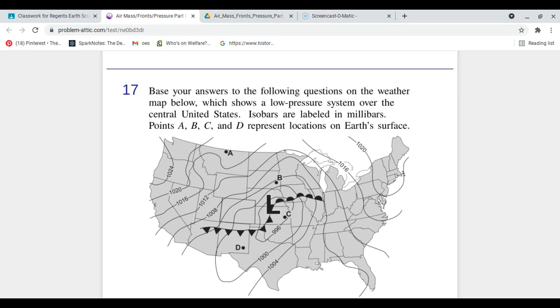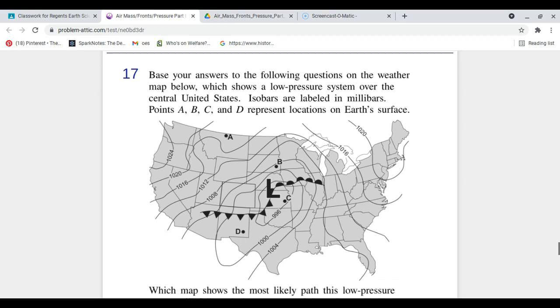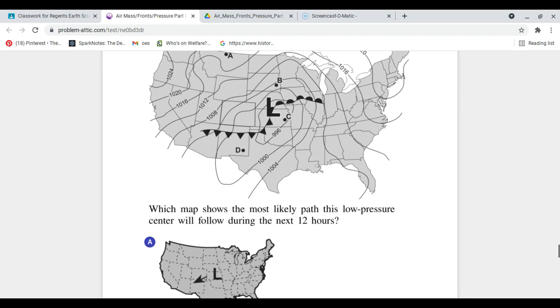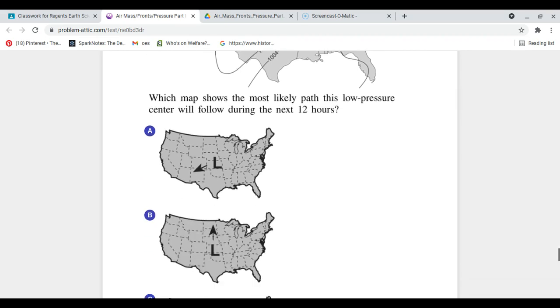Number 17, are you good, Luce? Okay, what are we doing here? Number 17, isobars are labeled in millibars, and these are locations on Earth's surface. Which map shows the most likely path that this low pressure center will follow during the next 12 hours? As we know, anything from the west comes to the east, right? So let's see, that low pressure system.